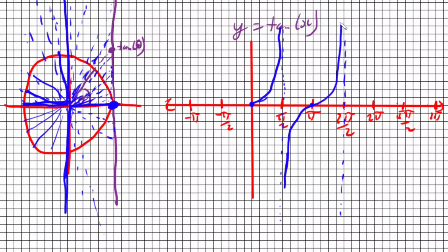Tangent actually has these asymptotes, and the pattern repeats. Every 90 degrees, we have an asymptote, and every 180 degrees, we have 0, and we asymptote between the two of them like this. So we're just going to keep on going forever with this pattern.